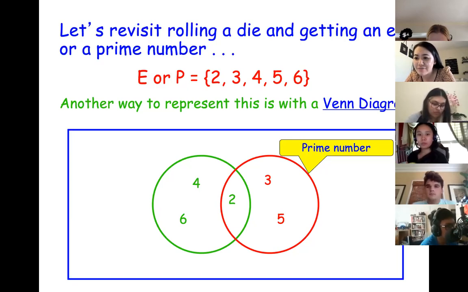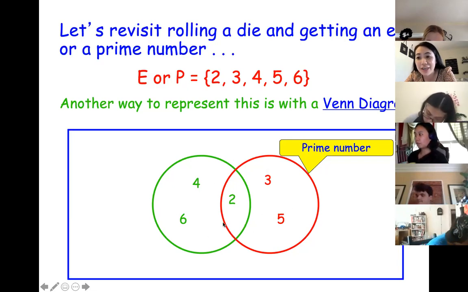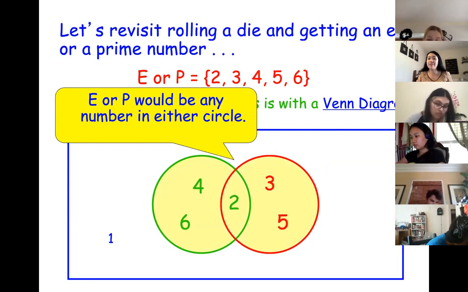In between the two circles? Like just this sliver right here? No, both circles. Yeah, good job. Both circles. So this would be the shaded region of E or P.